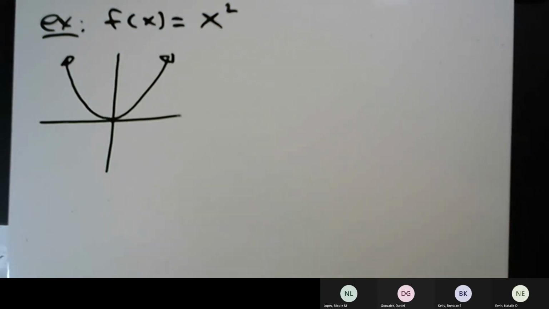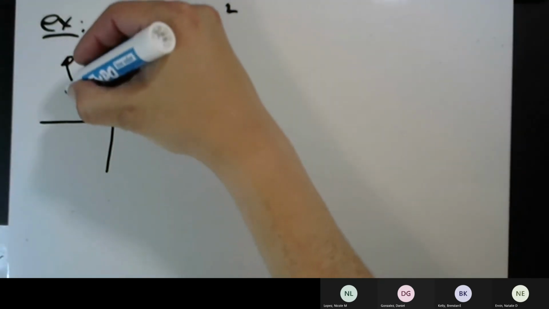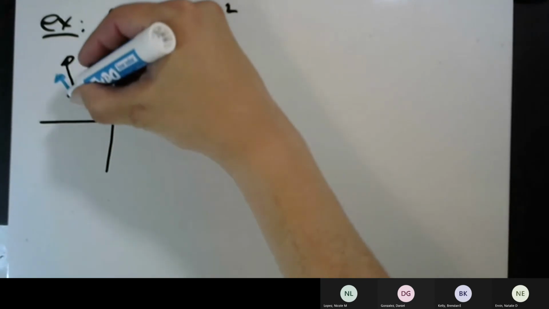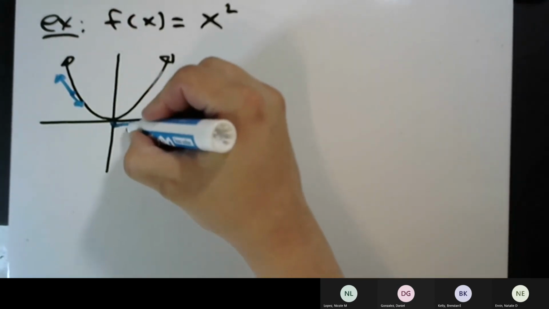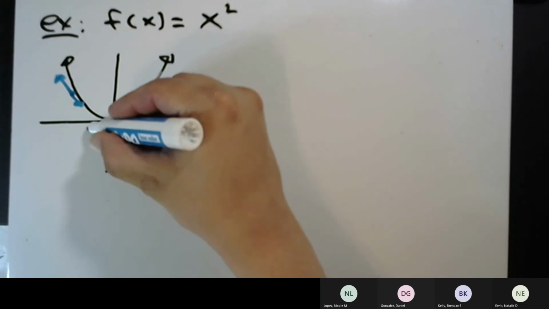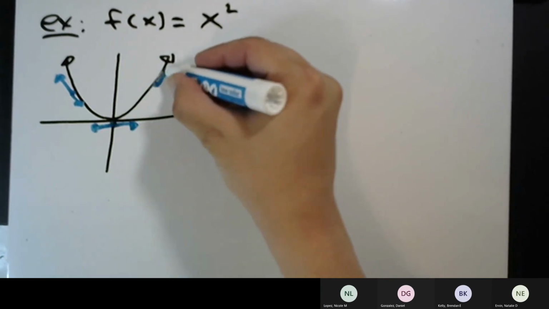And if we take a look at the derivatives, or the slopes of the tangent lines, we have negative, then we have 0, so they've increased, and they're going to be increasing.